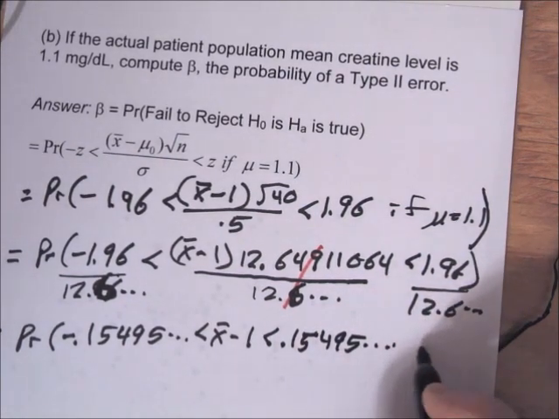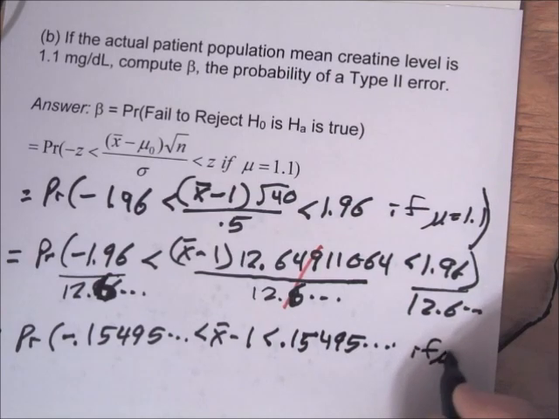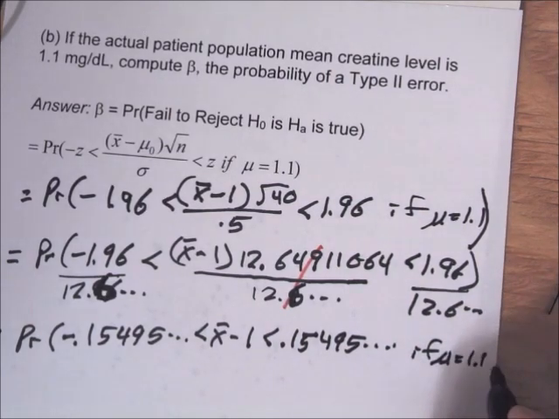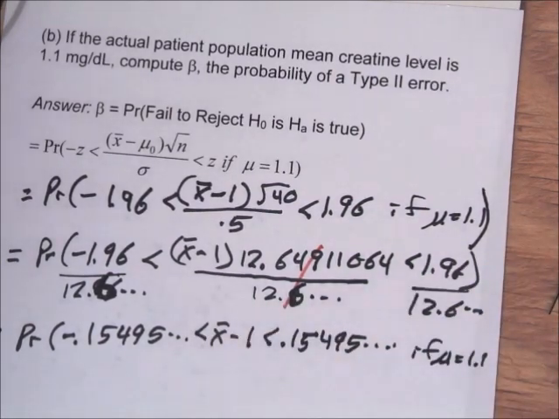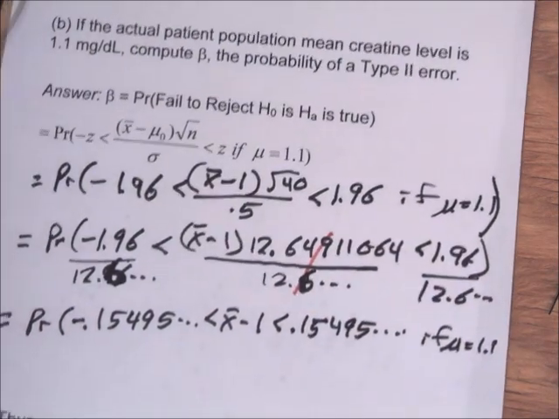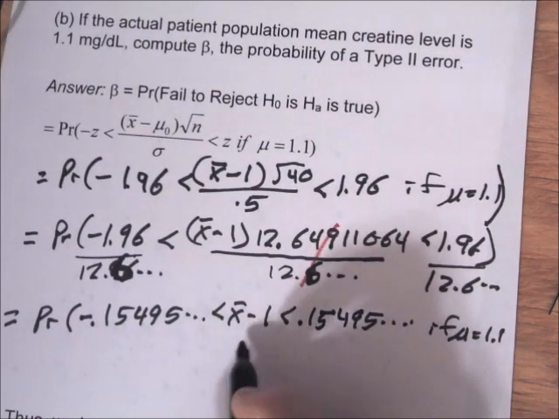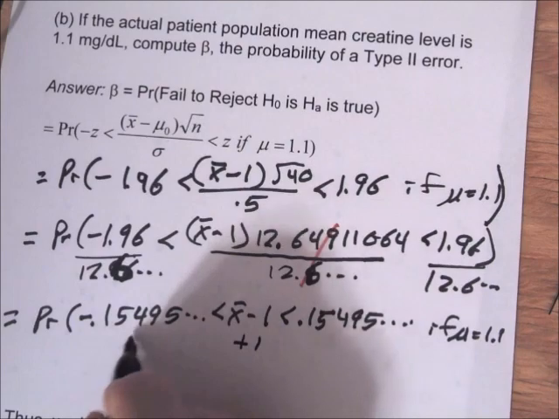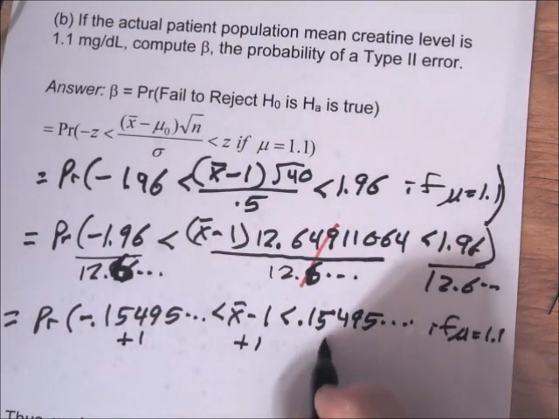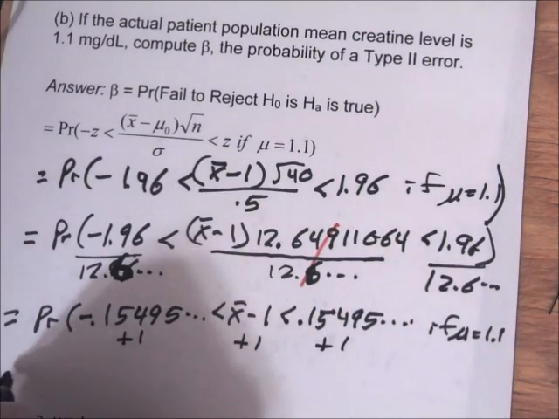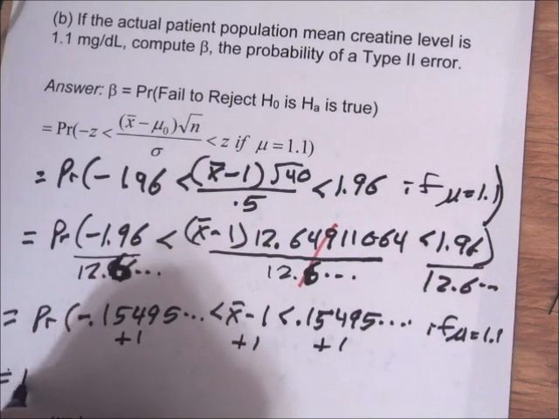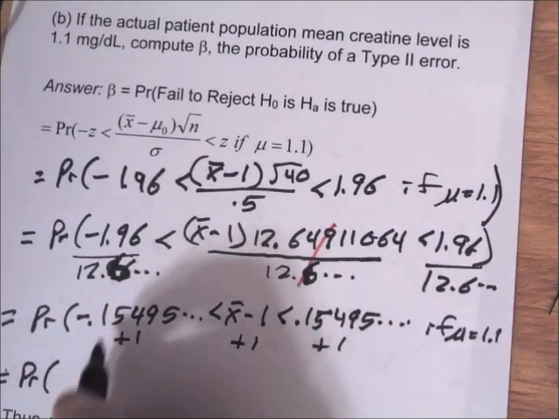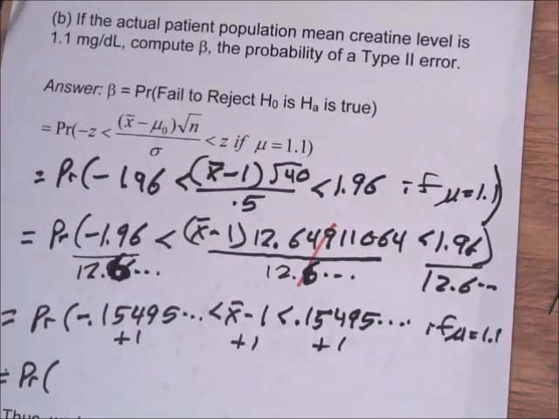And that's if mu equals 1.1. Okay, so now again we're solving for x bar. We want to isolate the x bar. We can add 1 to all sides of the inequality, and then we'll get probability. Signs are different here, so you subtract. It'll be 0.85 something.